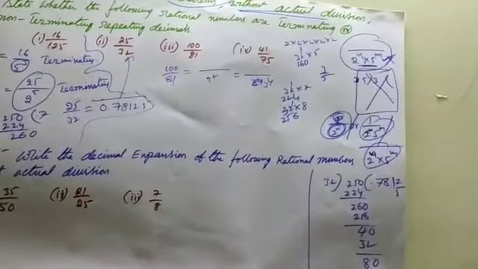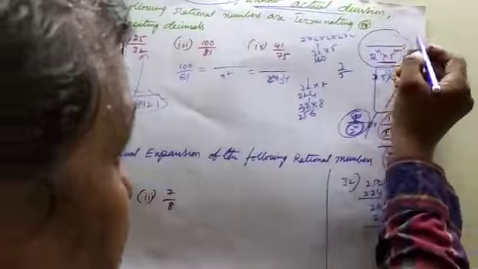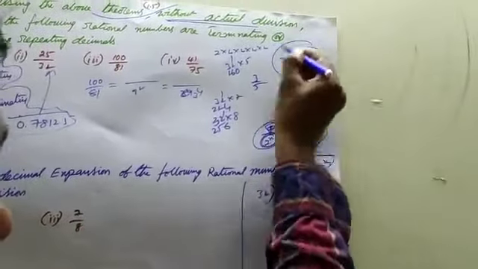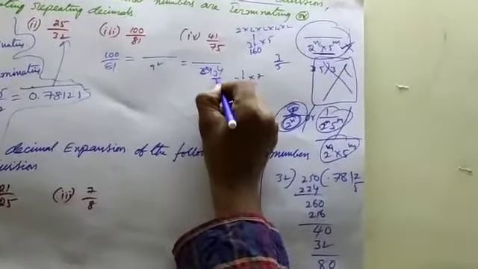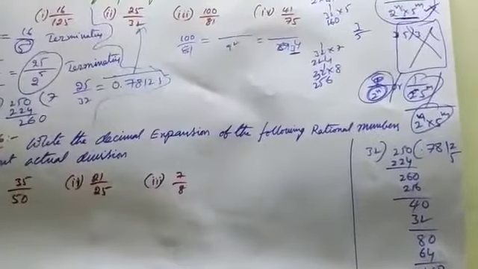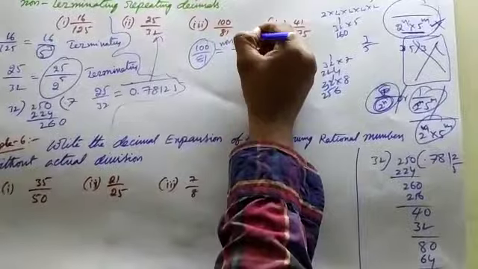What is the condition? According to theorem number 1.3, if the denominator is 2 power n into 5 power m, the fraction is terminating, otherwise not terminating. Here the denominator is 3 power 4, which is not of that form, therefore the total number is non-terminating.